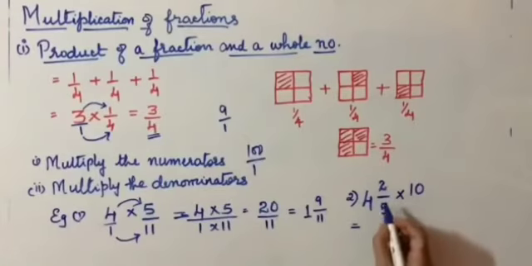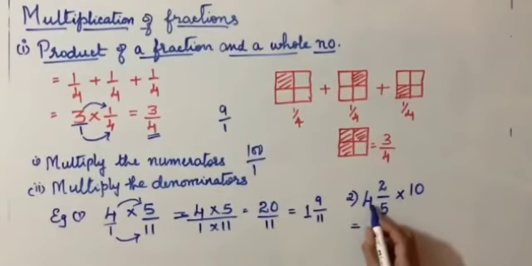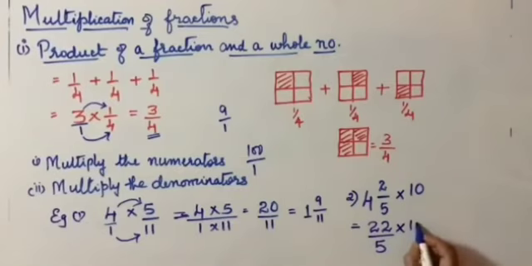We convert this into improper form, is it not? So, 5 fours are 20, plus 2, 22, divided by 5, into 10 divided by 1. I told you this is not compulsory, children. If you are comfortable writing only 10 and multiplying, that is also fine. But if you want to write 1 in the denominator, it's fine because you are not actually changing anything here.